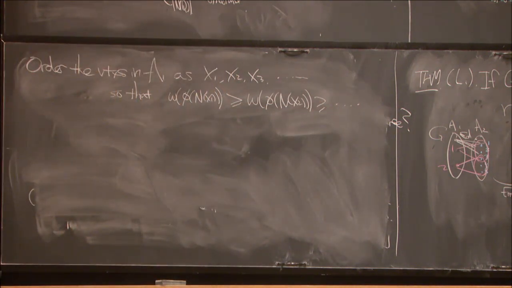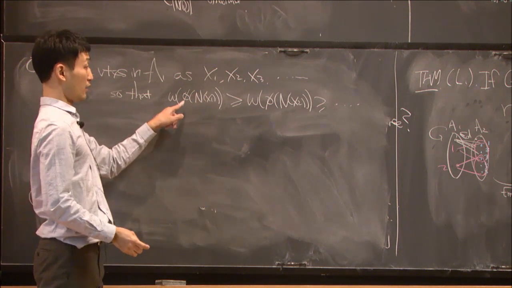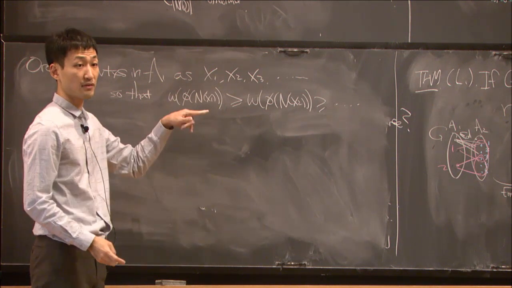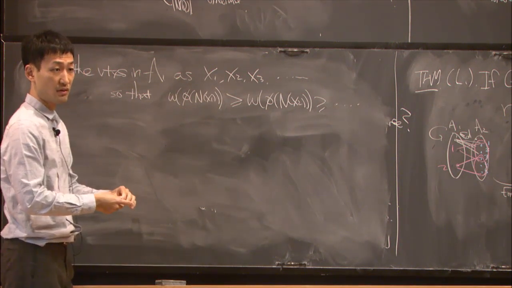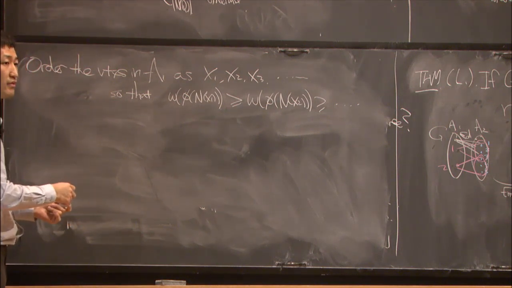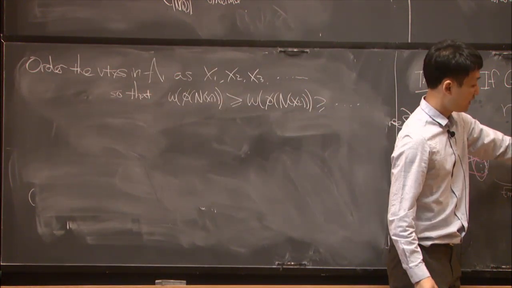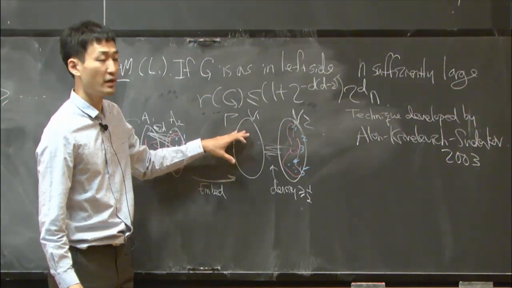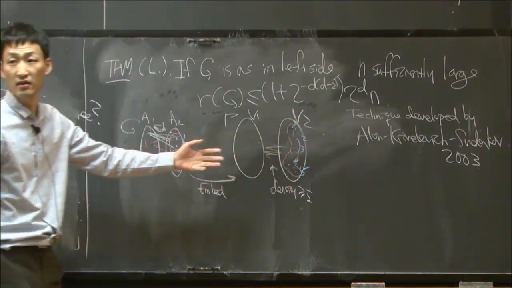So my plan is to embed greedily vertices one at a time, and I want to embed vertices with large defect first. It makes sense because large defect means small number of common neighbors. If you have small number of common neighbors, it's probably a better idea to embed those ones first. Just like in the case, if these three had one common neighbor, these three had two common neighbors, it's better to do this first and then this. If you do it the other way, you might get stuck.